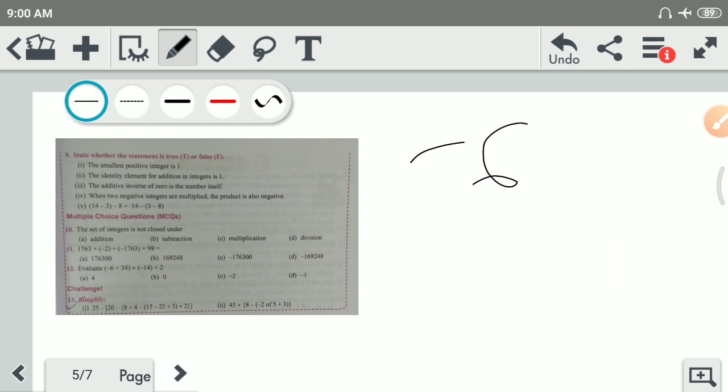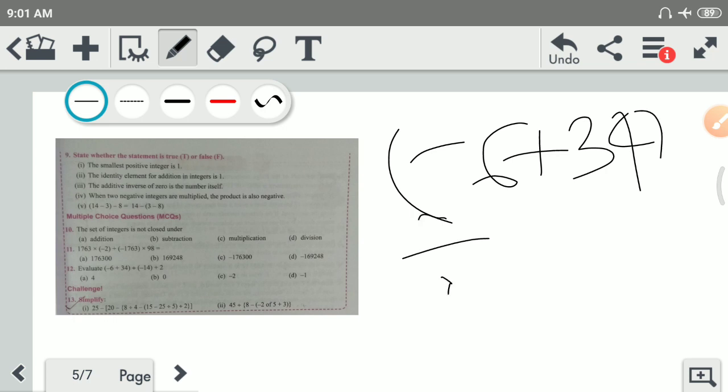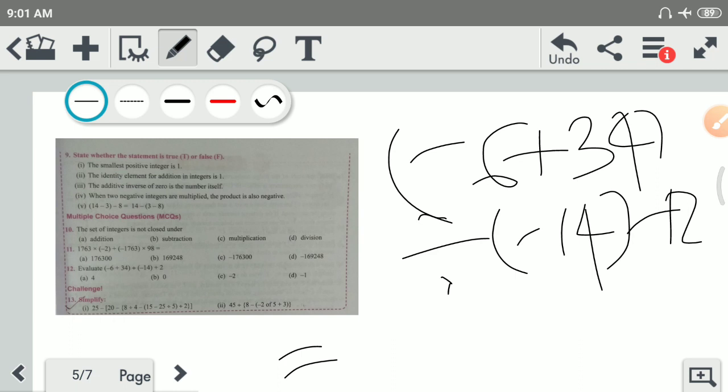Minus 6 plus 34, this is in the bracket, remember, divided by minus 14 plus 2. If you solve this one, first of all you need to concentrate on the bracket.